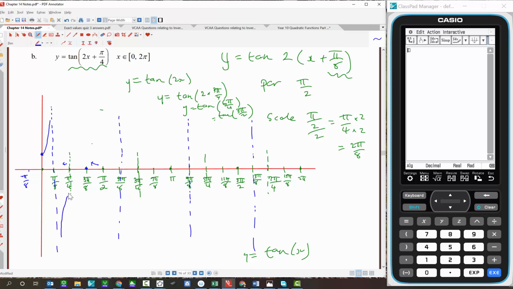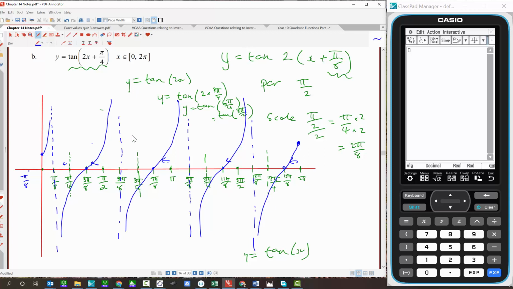So what will happen is tan comes up like so. That point goes to there, like so. That to there, that to there. And we're going to chop it there.